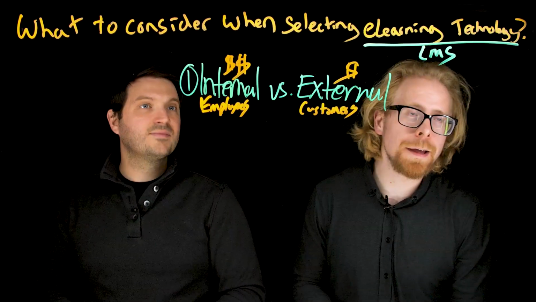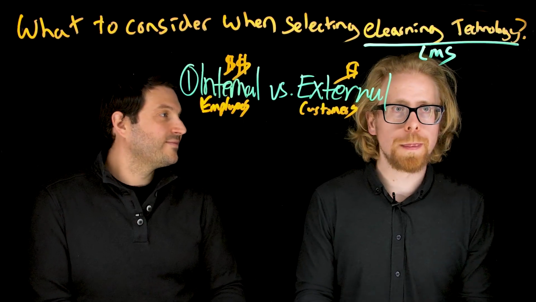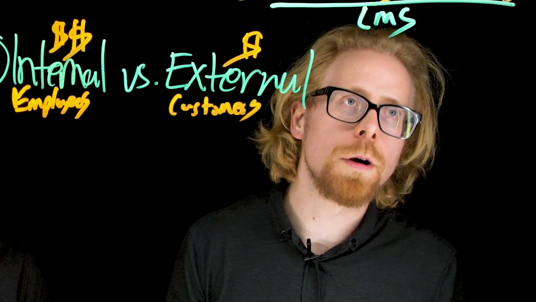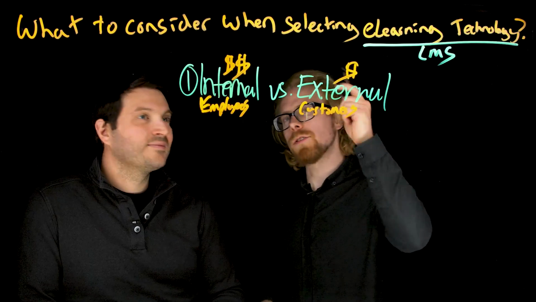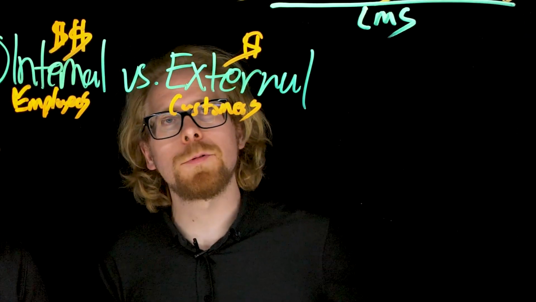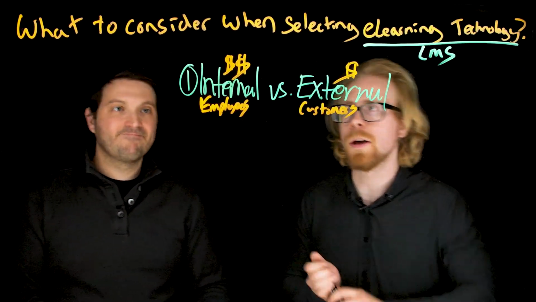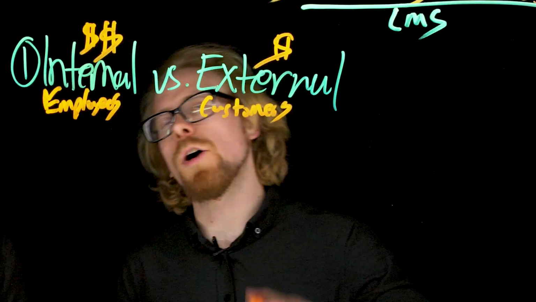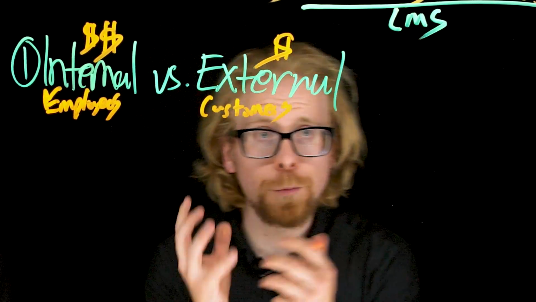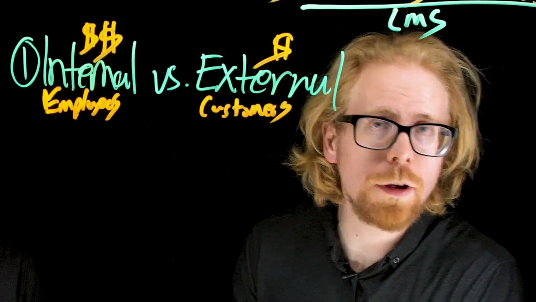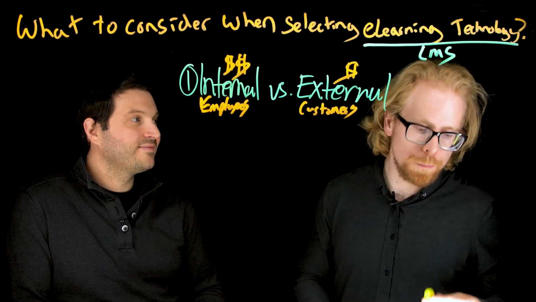If you had to pay per user every time you get a new student, that eats into your profits, which is why external LMSs are built to scale up to tens of thousands, if not hundreds of thousands and millions of students. Internal LMSs, on the other hand, are built to give more options for you to engage your employees, but because of that, they are more expensive.